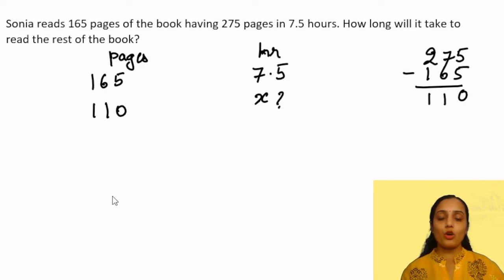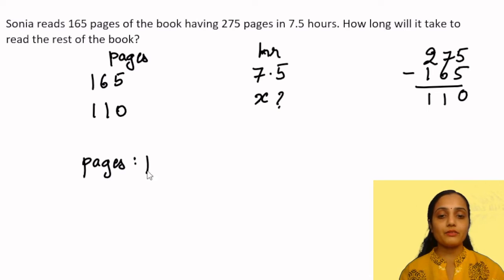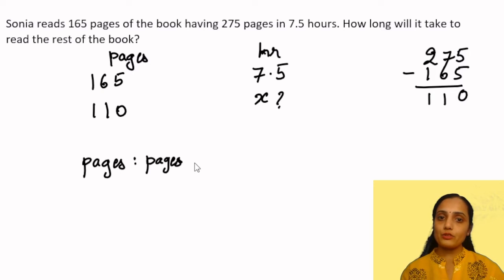So these are the number of hours and these are the number of pages. Now if we have to solve this using proportions, we will have to be careful while writing the ratios, because ratios demand that we write both of them in the same units. We'll have to write pages is to pages is proportional to hours is to hours.